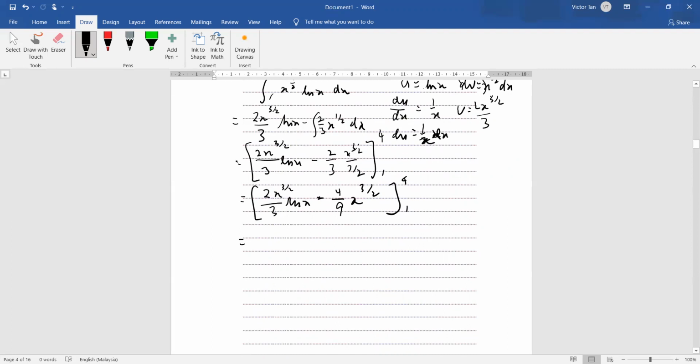Okay. Now substitute x by 4. 4 to the power 3 over 2 is 8. 2 times 8 over 3, 16 over 3 ln 4, minus 4 to the power 3 over 2 again. This is 8, so this will be 32 over 9.